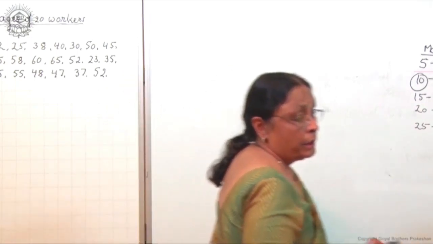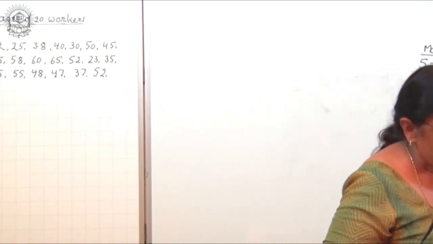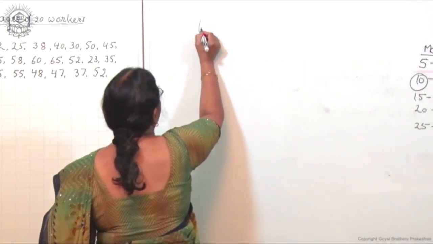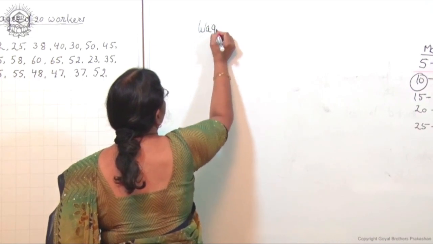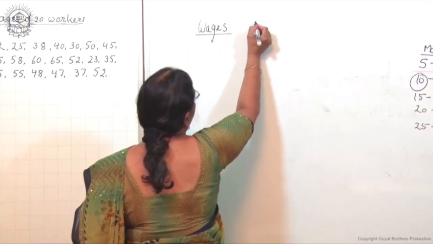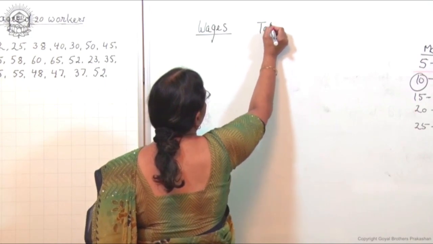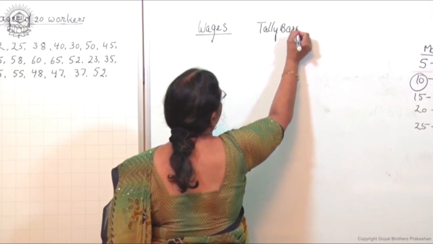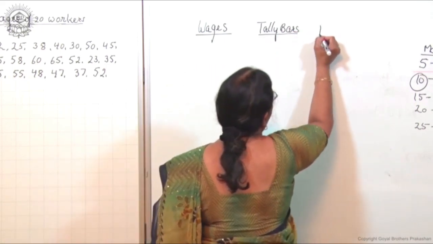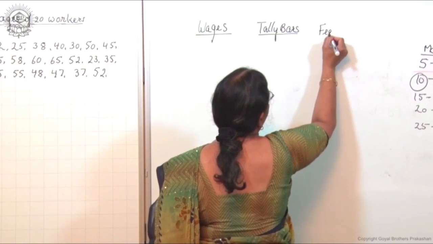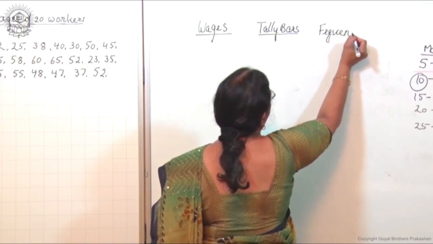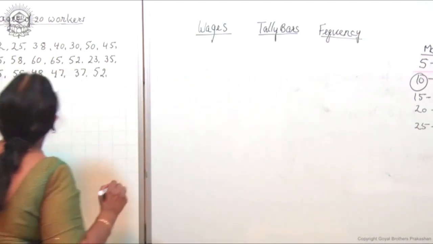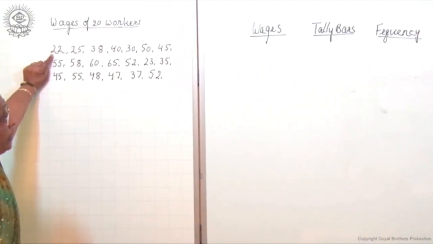Now here in the case of this, what you will do, we will first write down the wages column. Then we will make the tally bars. And third we will make the frequency. Now here, one worker is getting wages equal to 22.